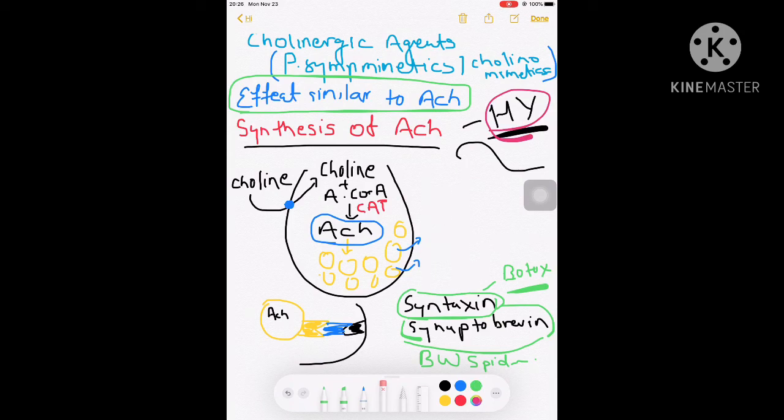This spider's toxin, known as latrotoxin, increases the connection between syntaxin and synaptobrevin, so they come together very fast, thus causing early release of acetylcholine. When there is early and continuous release of acetylcholine, the acetylcholine will get exhausted, and this will result in a state of cholinergic crisis. These are the two points.